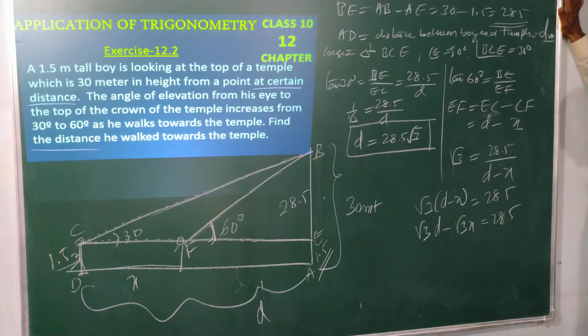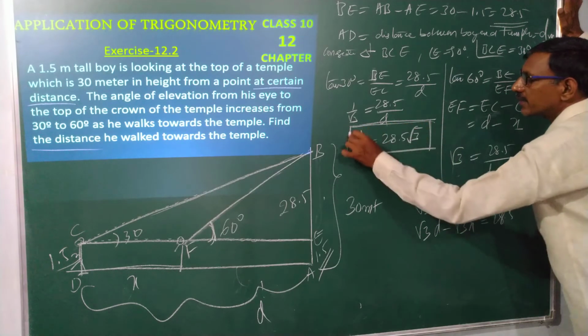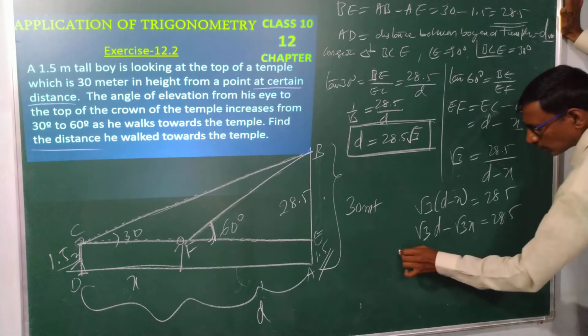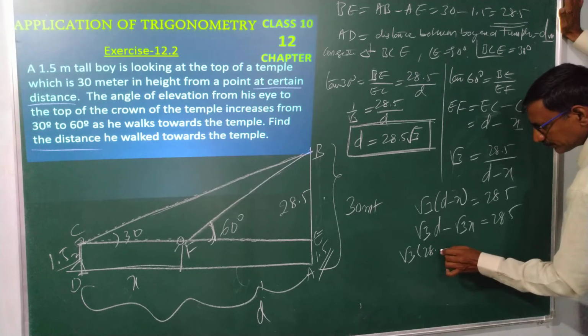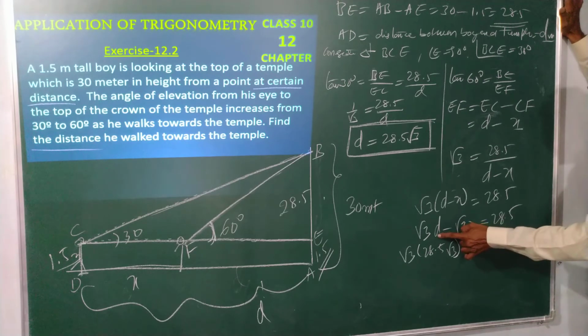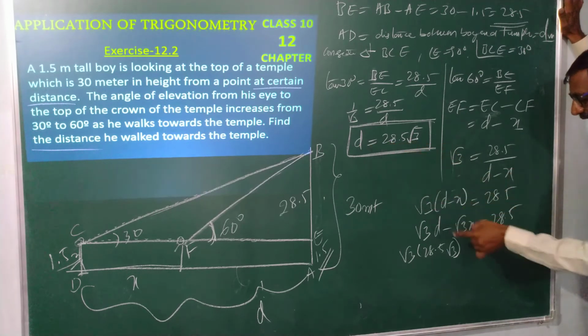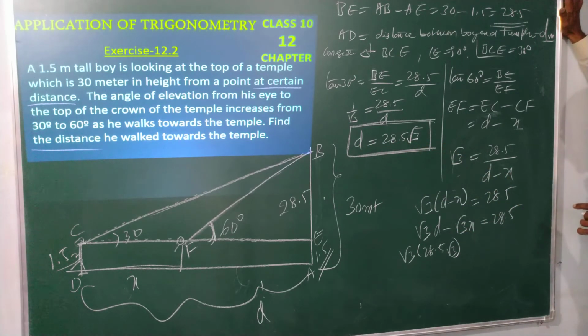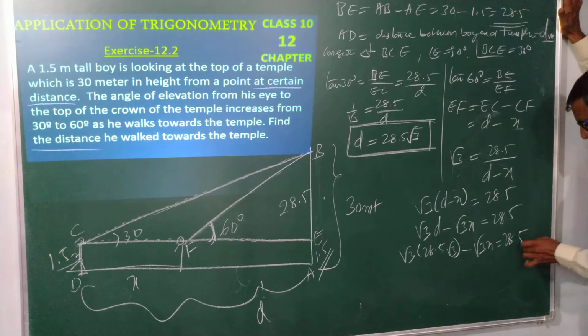But I know the D value: in place of D, I take 28.5 root 3. So 28.5 root 3 times root 3, minus root 3X, is equal to 28.5.